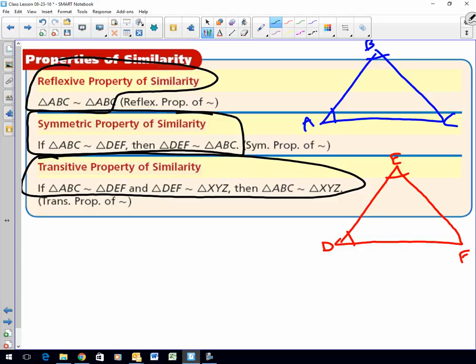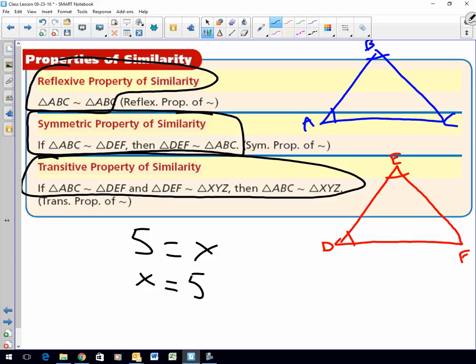There's an algebraic property that goes with this that says if 5 equals X, guess what X equals? 5. Doesn't matter which way we write it, it's the same. This is the geometric cousin.